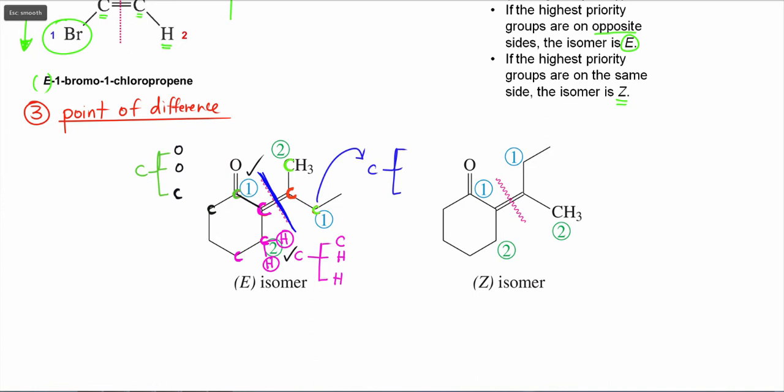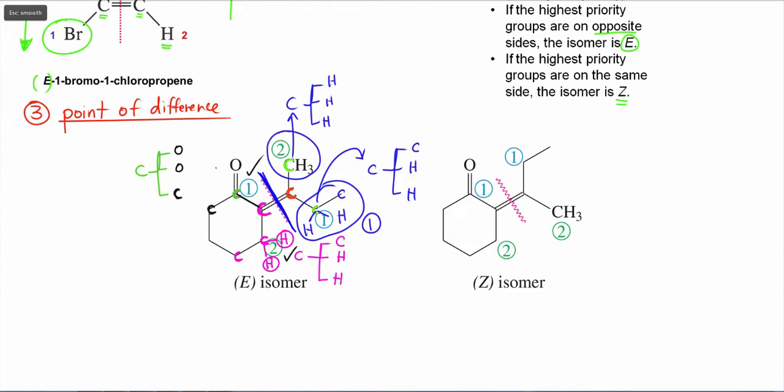This carbon is attached to this carbon, and it's also attached to these two hydrogens. Now, what's attached to this carbon is actually these three hydrogens. So that allows me to assign 1 to this group and 2 to that group.